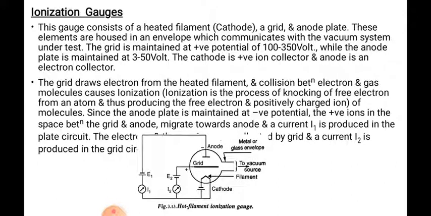Current I1 is produced in the plate circuit, and in the grid circuit, current I2 is produced, and it will be the measure of pressure.